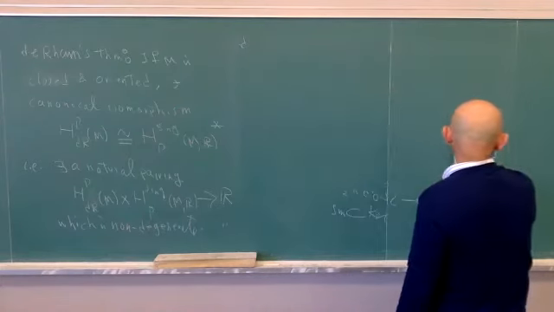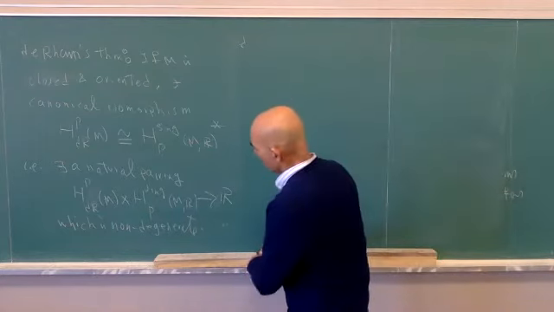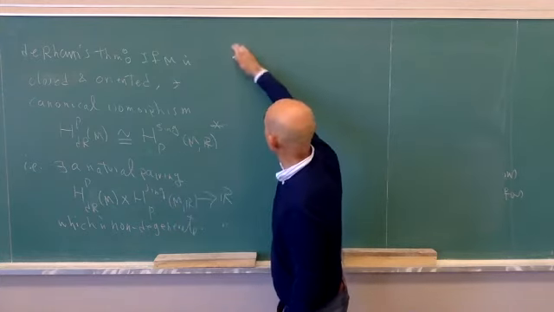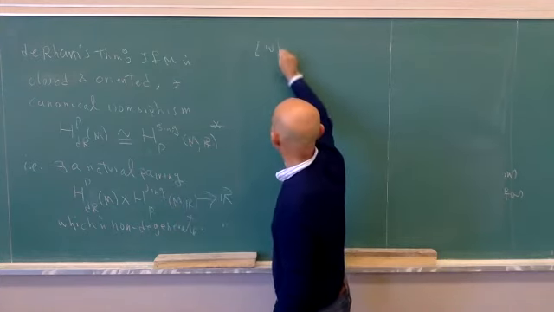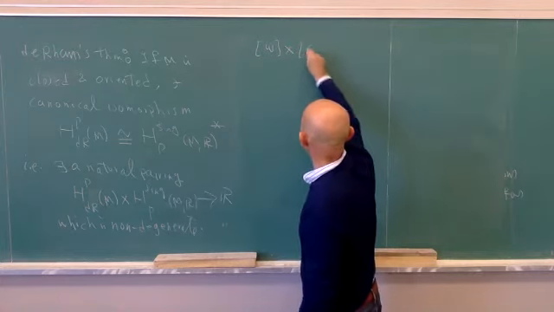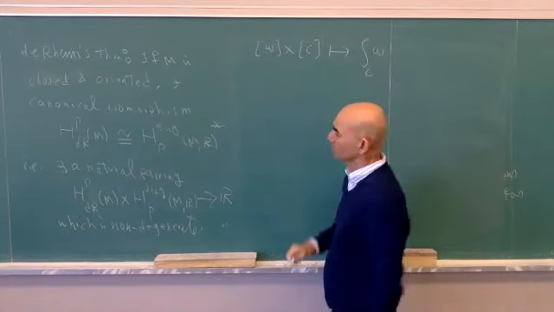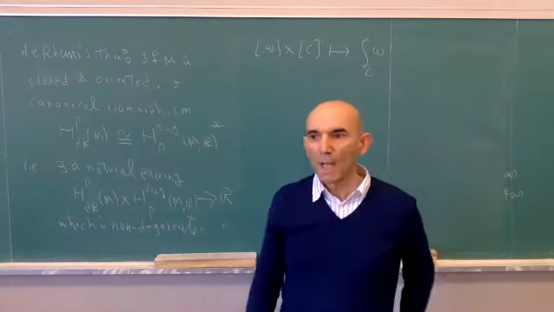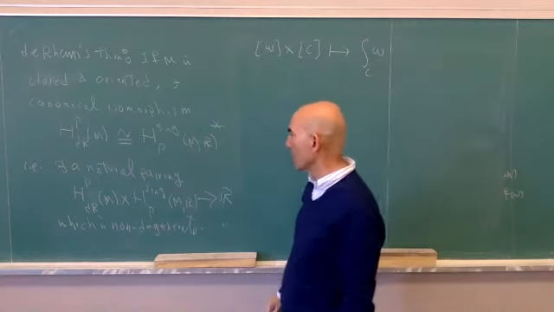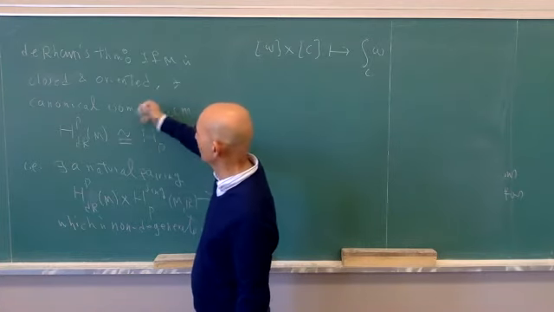I'm getting a little bit ahead of myself, but that's okay. If you have a class here and a class here, a singular chain c is mapped to the integral of omega over c. The fact that this is well defined, non-degenerate, and has all these properties is a statement of de Rham's theorem.